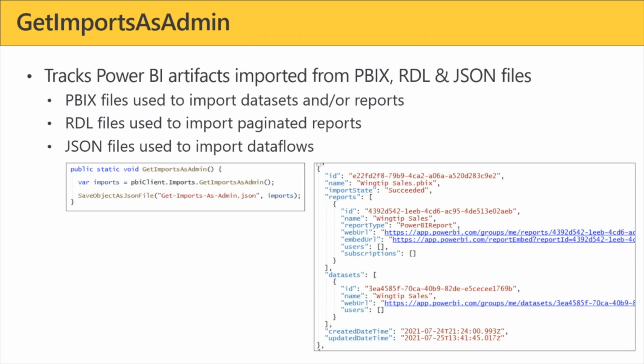And then later we publish the same PBIX file into the same workspace, which effectively overwrites. So what get imports as admin will do is show you each of your imports, whether it's reports or data sets or paginated reports or data flows. So it could add extra support if you're doing application lifecycle management.